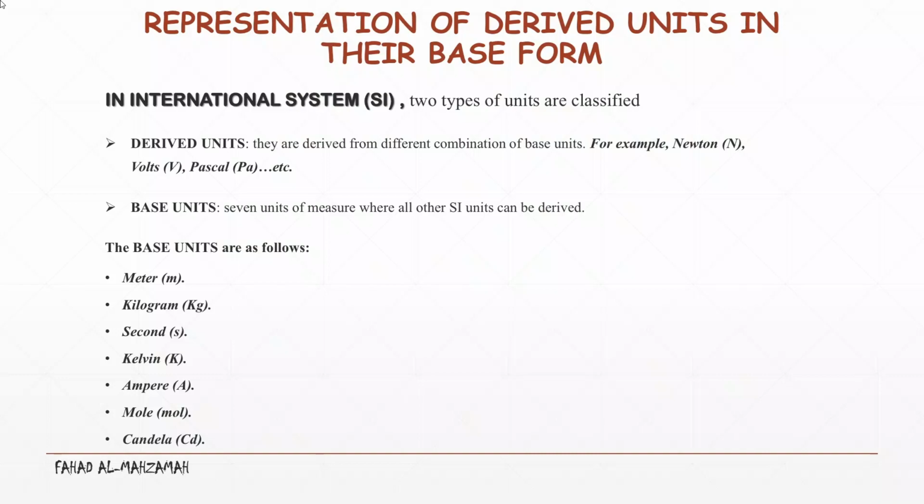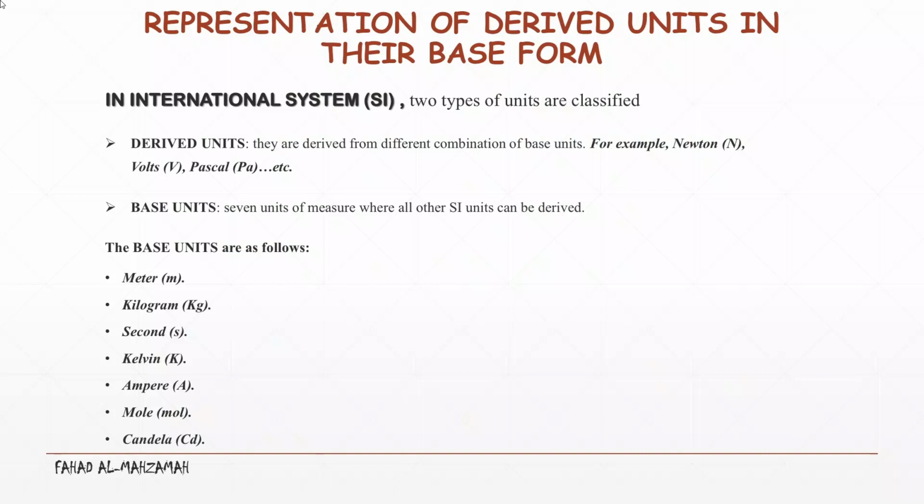So what are derived units? We defined the derived units last week: as the name implies, it is derived from different combinations of base units. For example, if we say a newton, it's just a derived unit.